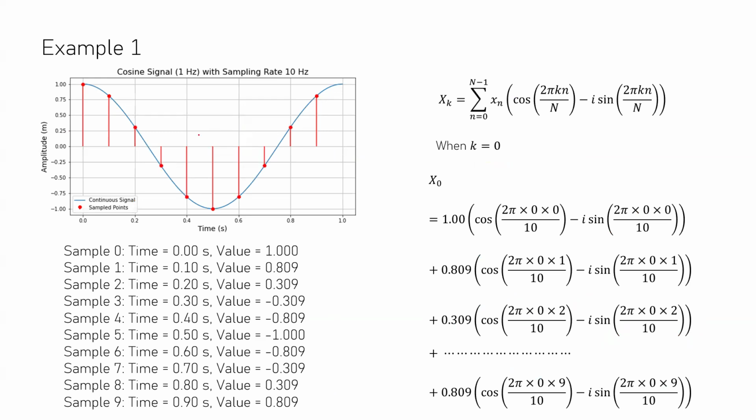So let's go to some example. In this example, we have a cosine signal with a frequency of 1 Hertz and amplitude of 1 in some units. We are sampling this signal with a rate of 10 Hertz. So you can see the sampled points in red.